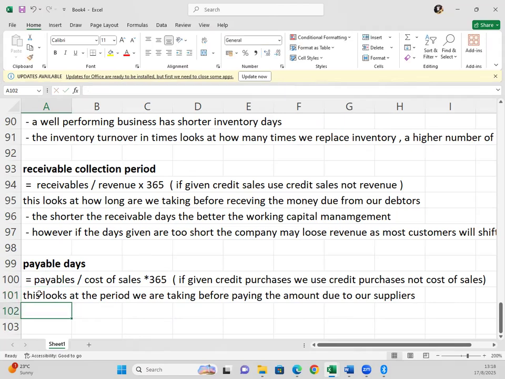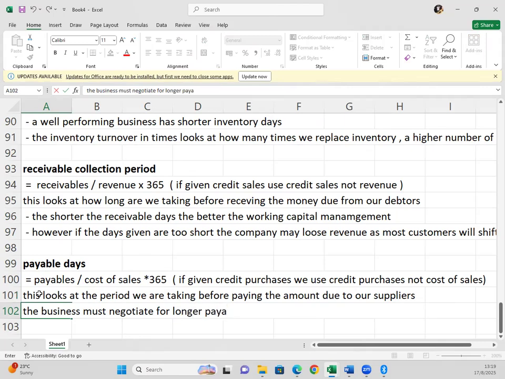We should delay making the payment. The business must negotiate for longer payable days. However, this can affect the credit rating of the company.